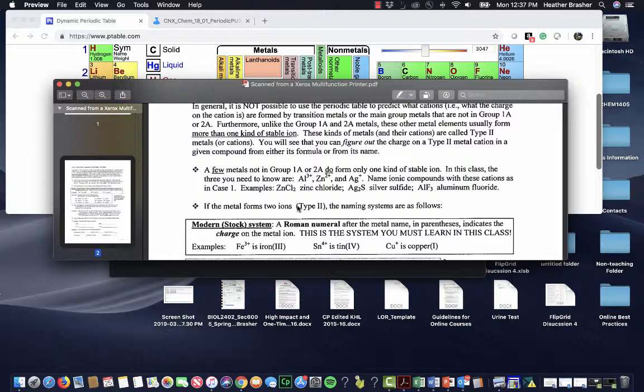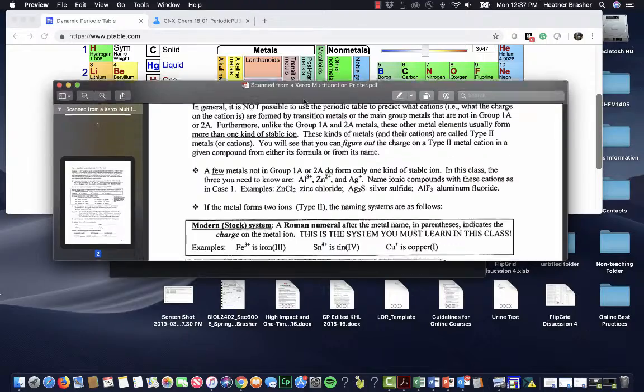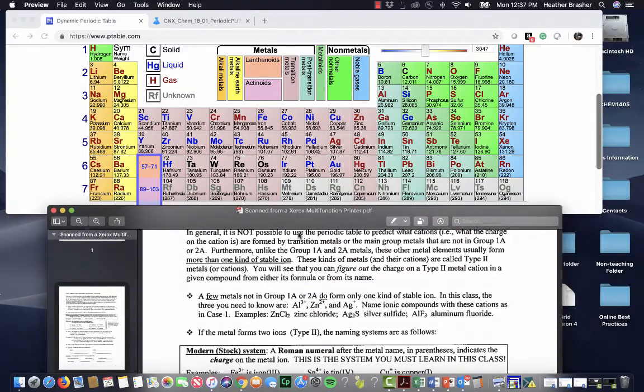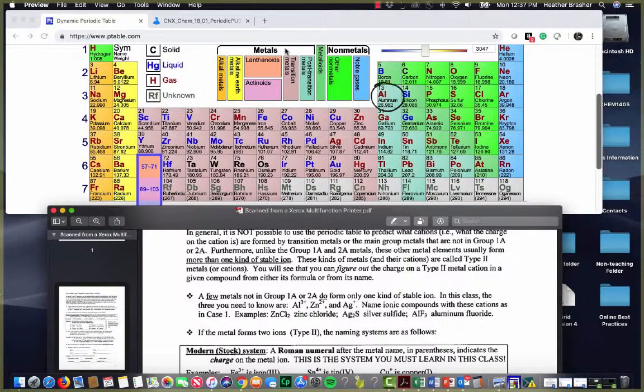It's very stable. Now, there's a few that you would think you can't tell what they're going to be, but you absolutely can. Those are aluminum, zinc, and silver over here. You can see they're in a nice line that helps you remember them.